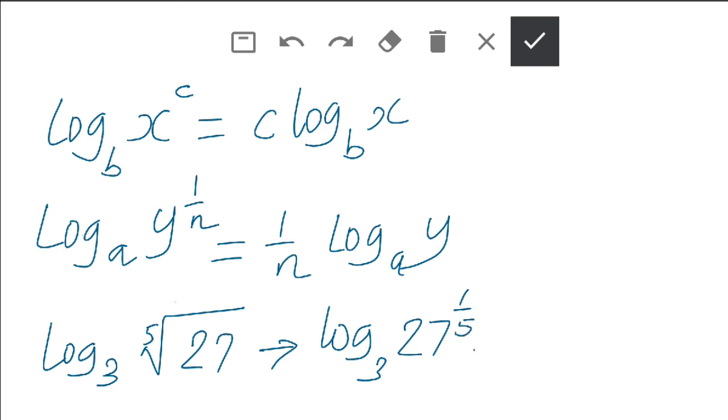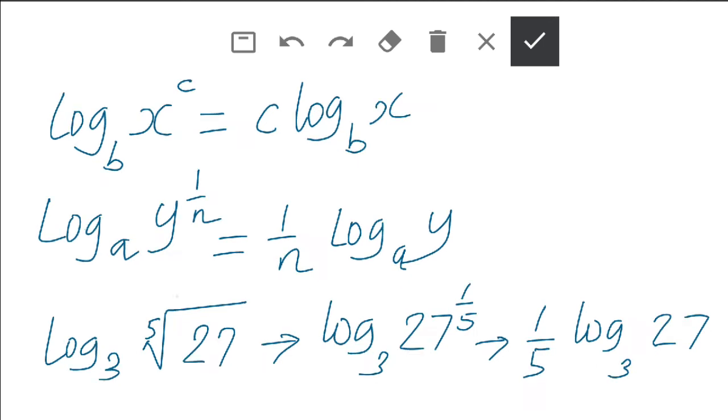Fifth root means to power 1 over 5. And then this would be the same as 1 over 5 log to base 3 of 27.